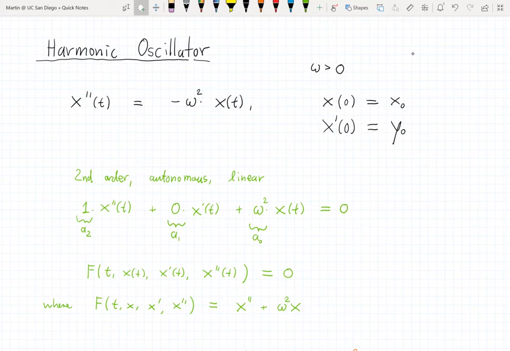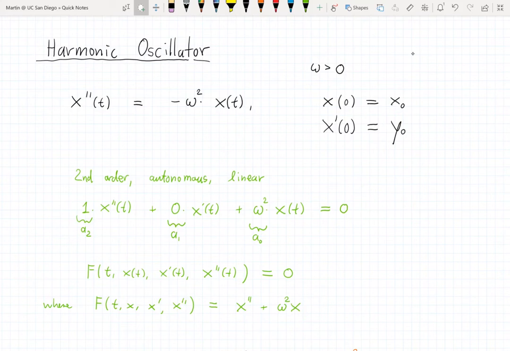Let's just check how this fits into our abstract definition of linear ordinary differential equations. So we can rewrite this equation as 1 times x prime prime of t plus 0 times x prime of t plus omega squared times x of t equals 0. In this context, the coefficient for the second derivative is 1. It's our coefficient a2, using the terminology from the definition of linear ordinary differential equations.